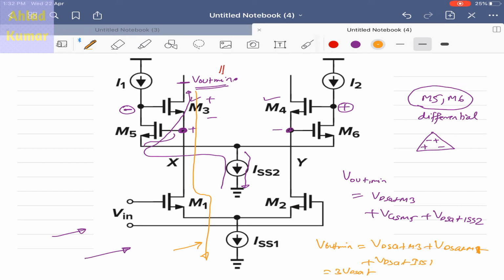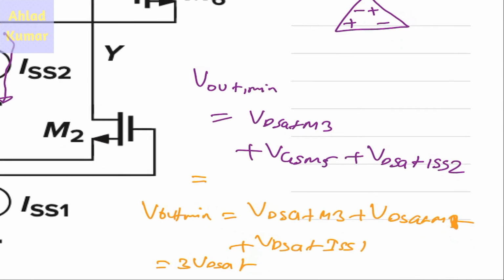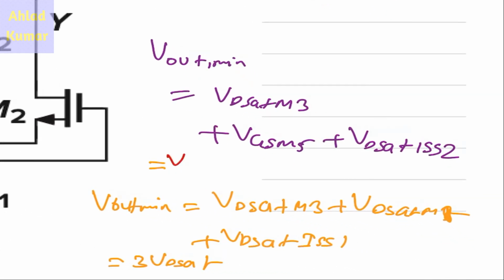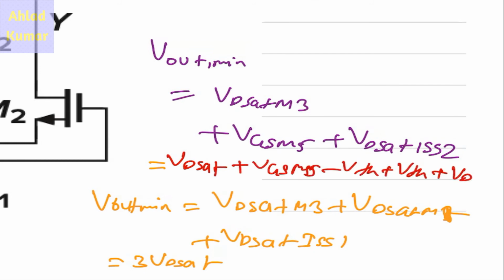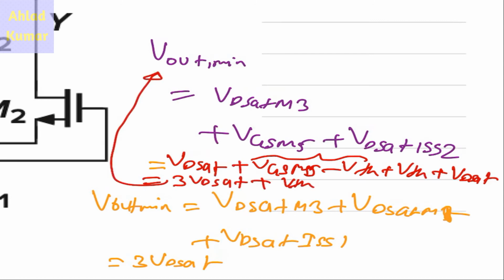And here, if you want to calculate in terms of VDsat, how will you do it? You can add and subtract 1 VTH. So this is basically VDsat. So we have 3 VDsat plus VTH through this path, and here we have 3 VDsat.